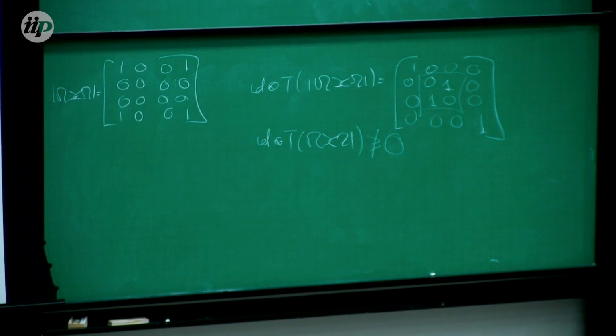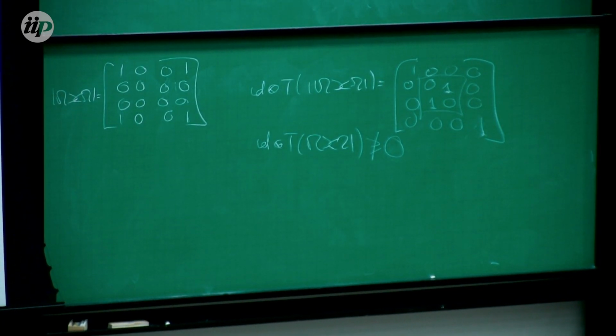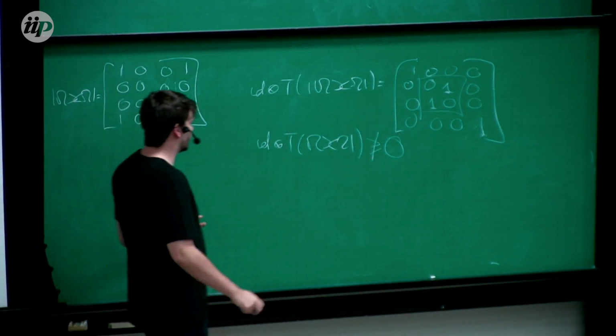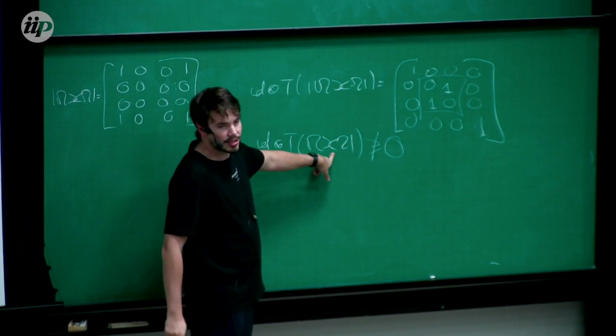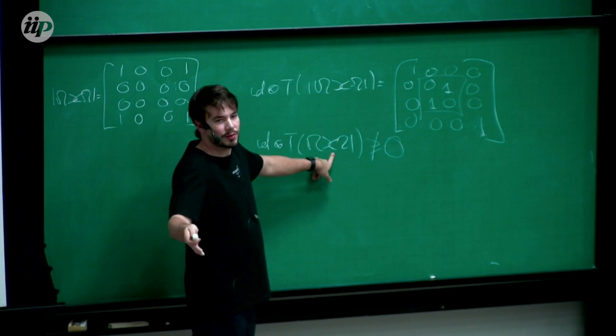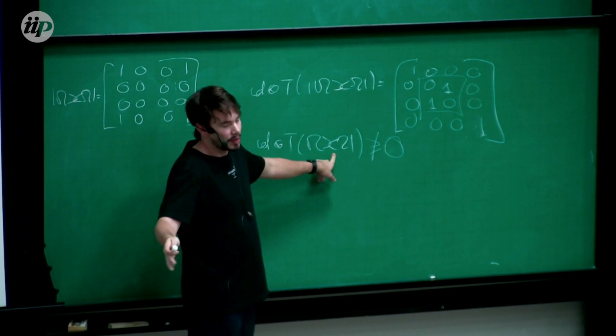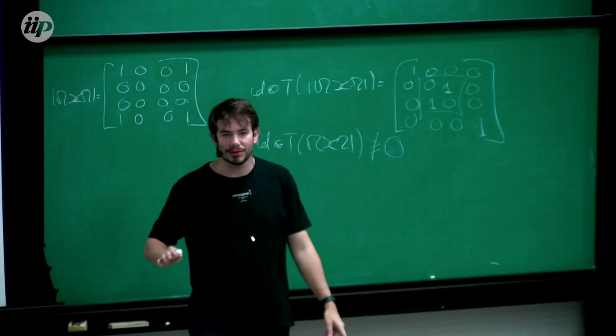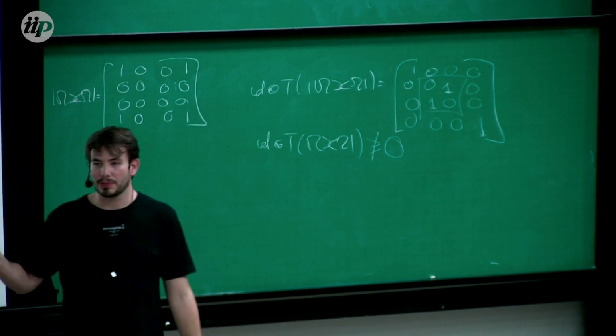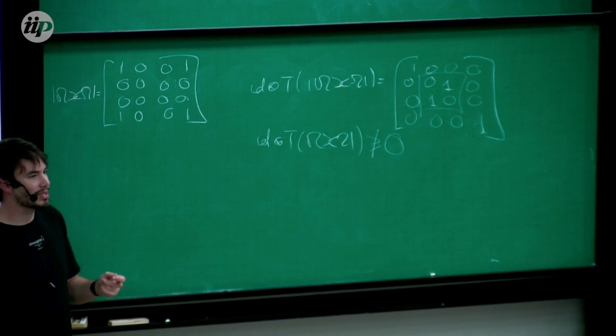But we showed that if rho AB is separable, then it is also PPT. We saw that this one is not PPT, therefore it is entangled, as the maximally entangled state should be. Questions? Yes.